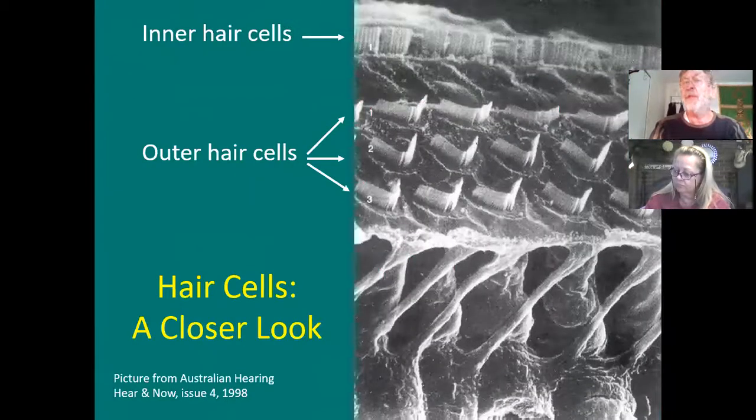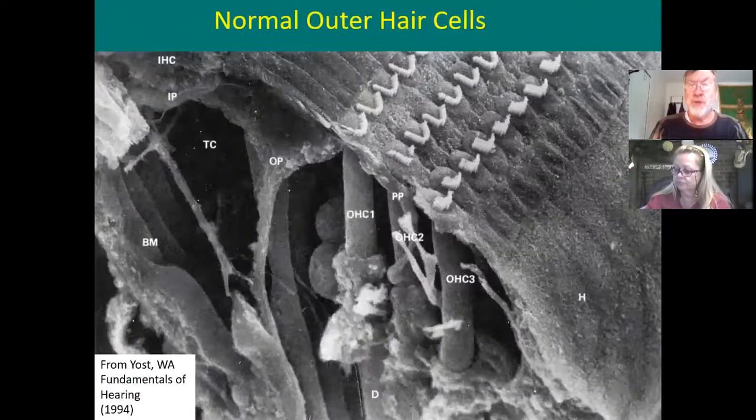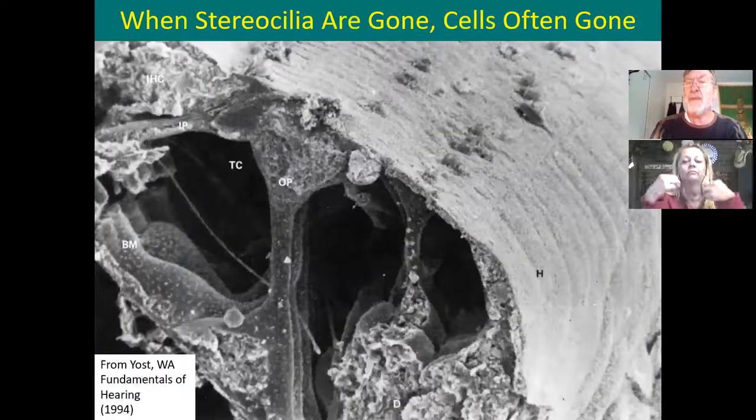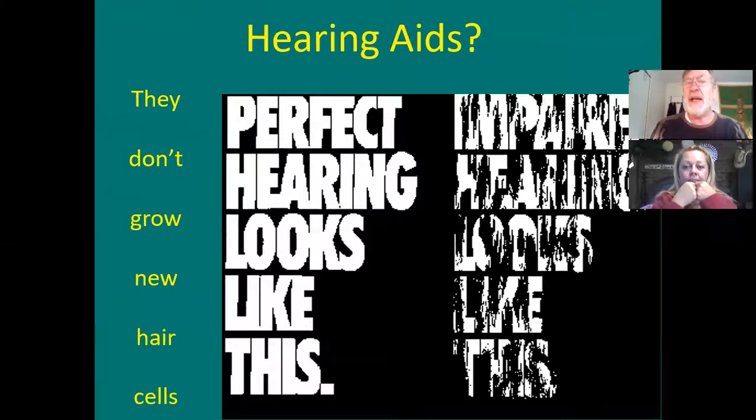We talked about normal intact hair cells, normal outer hair cells, and damaged hair cells, and we said hearing aids don't grow new hair cells. Perfect hearing looks like this, and impaired hearing looks like this.